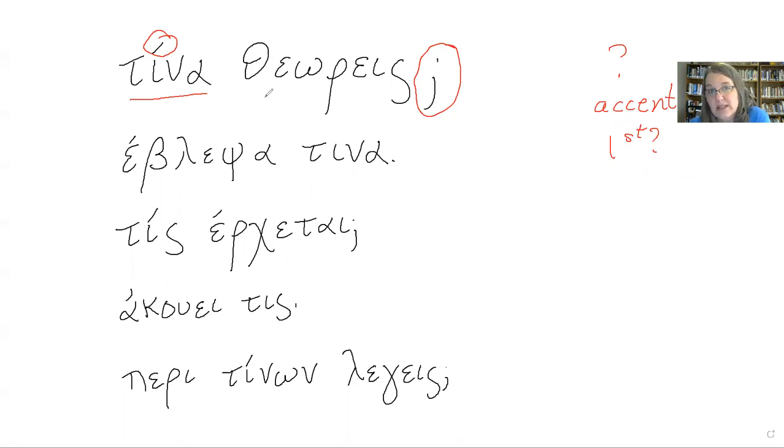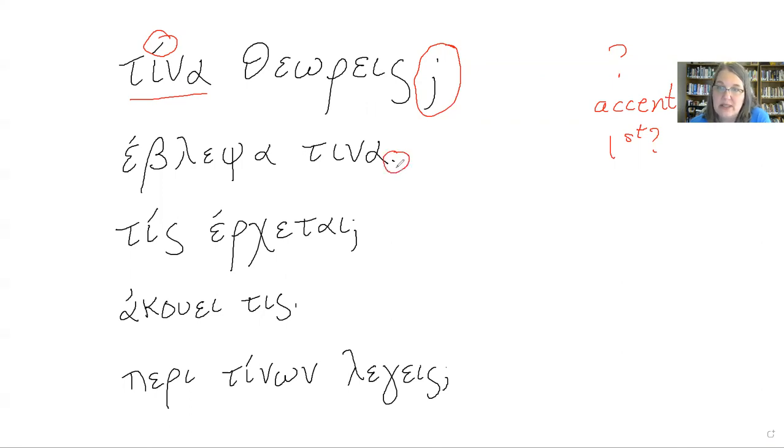So this is going to be you see, and it could either be neuter plural, what things do you see? Or as Duff has translated it, it could be masculine singular, whom do you see? Either of those works for the translation here, and we would have to look at context to find out which it is.